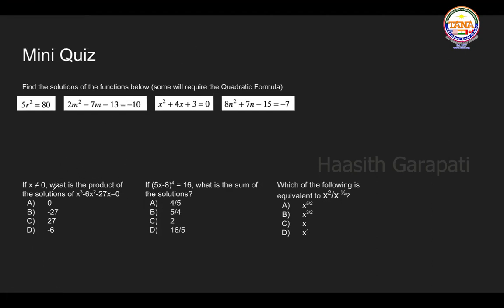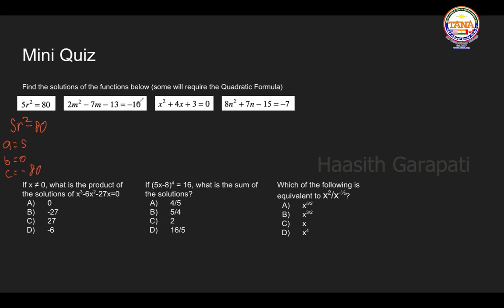For the quadratic equations, I'm not going to write out the whole process. I'm just going to give you the correct A, B, and C values that you should have used. You're going to have to manipulate the equation a little bit for some of them, like the first one, 5r squared, that should be 5r squared minus 80. In this case, A will be equal to 5, B will be equal to 0, and C will be equal to negative 80.